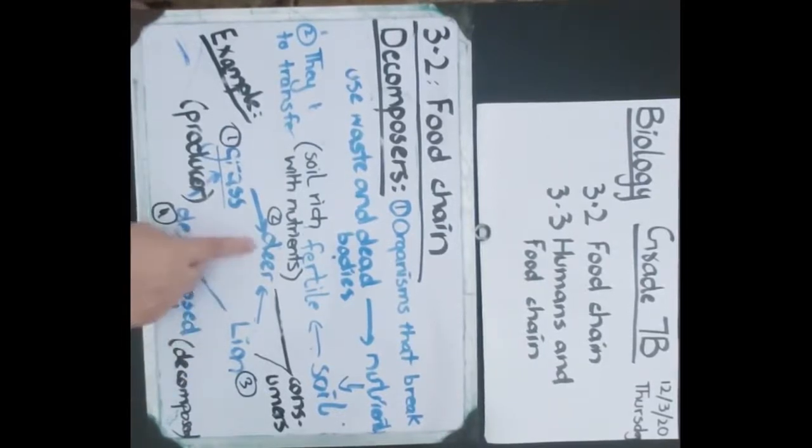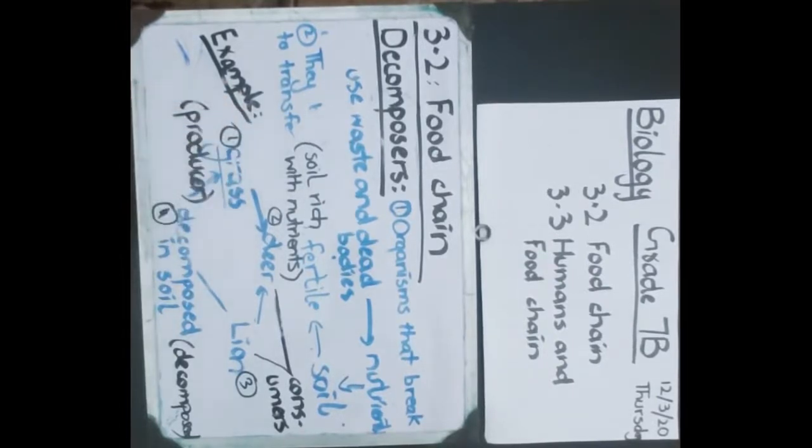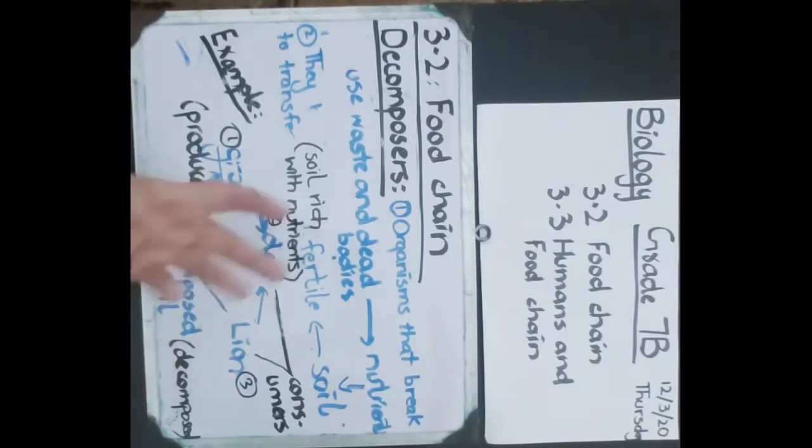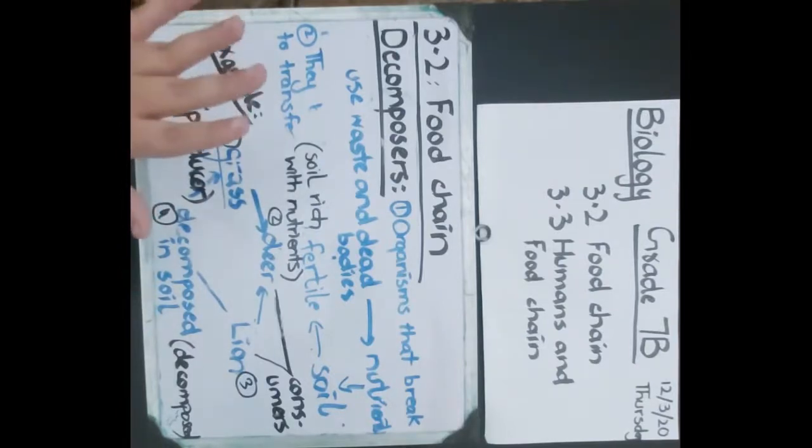So these are consumers. Number 3, we have decomposers, organisms that break down waste and dead bodies of plants, animals, and human beings are called decomposers. What do decomposers do?